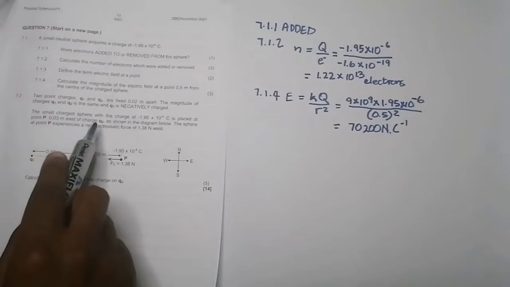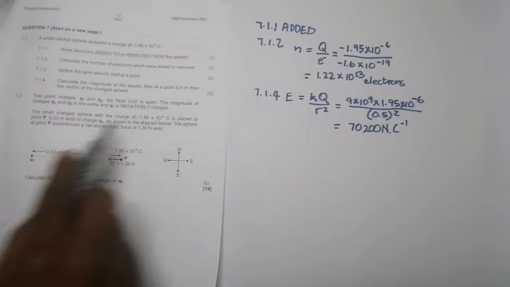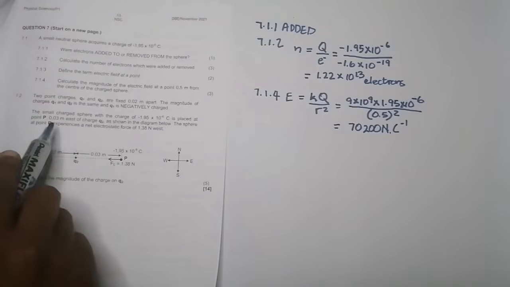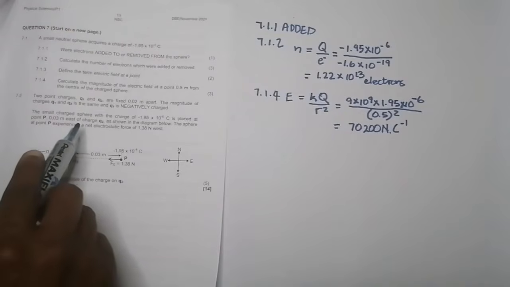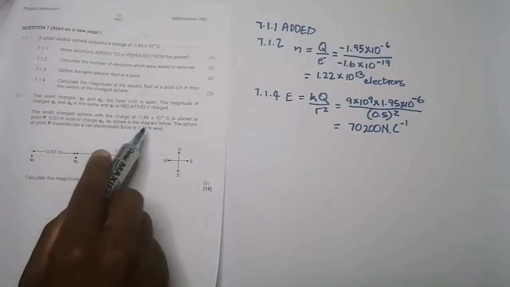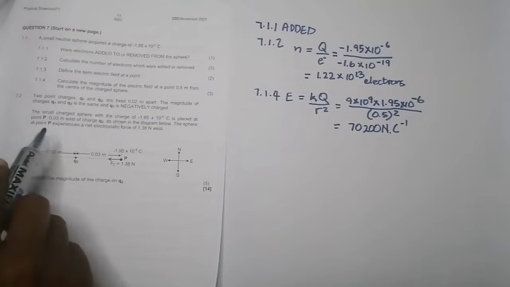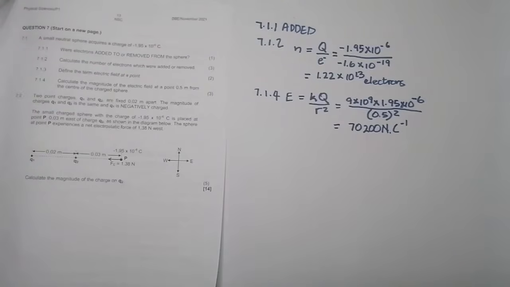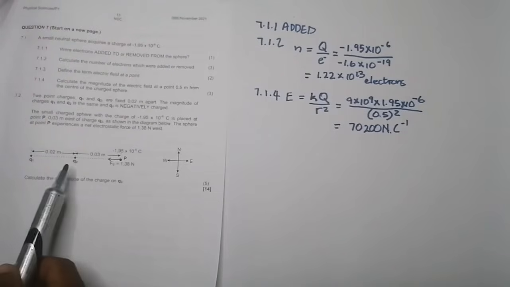They say the small charged sphere with the charge of minus 1.95 is placed at point P, 0.03 meters to the east of Q2. As shown in the diagram below, the sphere at point P experiences a net electrostatic force of 1.38 newtons to the west. Now they want us to calculate the magnitude of the charge on Q2.